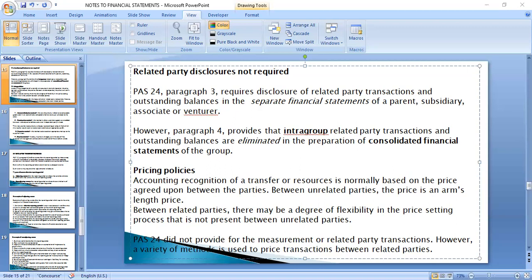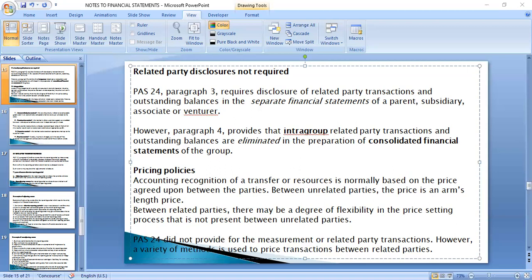Disclosure of date of authorization. We have now paragraph 17 of PAS 10, providing that an entity shall disclose the date when the financial statements are authorized for issue and who gave the authorization.